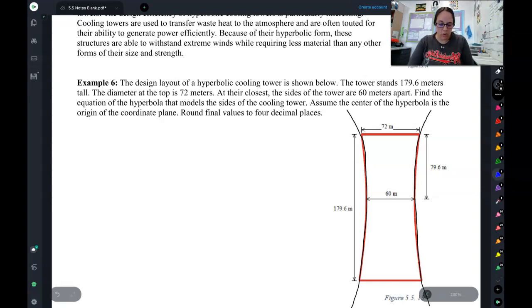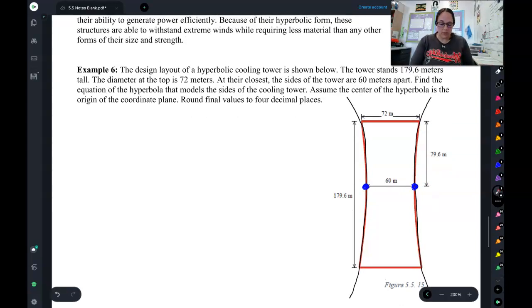The center or our vertices of our branches would be right here. So this is 79.6 meters, whereas this is 100 meters. So the vertices, it is not symmetric up and down, is what I'm trying to say. It's symmetric side to side, still with the hyperbolas, but not up and down.